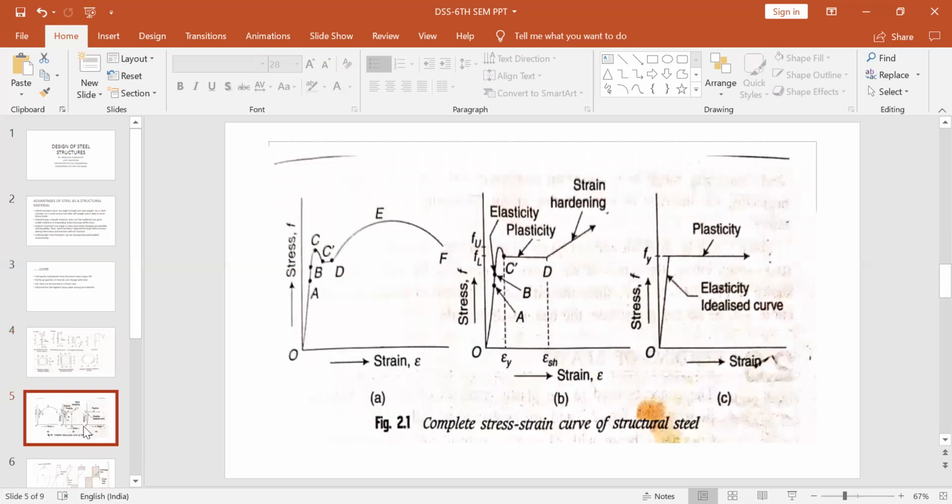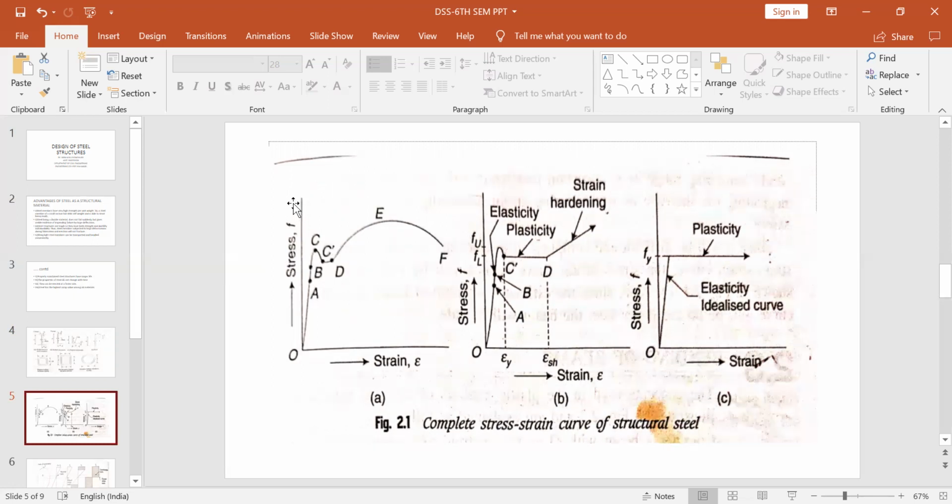Now, let us come to the stress strain curve of structural steel. This is the stress strain curve for mild steel. This is very, very important. You have to understand it, as this is the basis for plastic analysis design. If you don't understand this, it will be difficult for you.